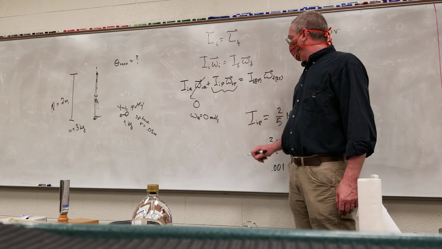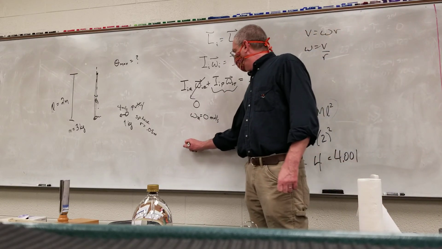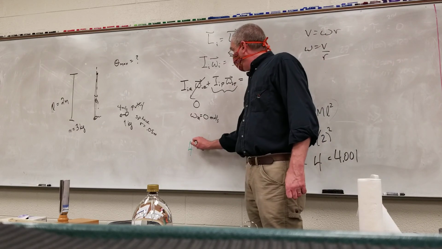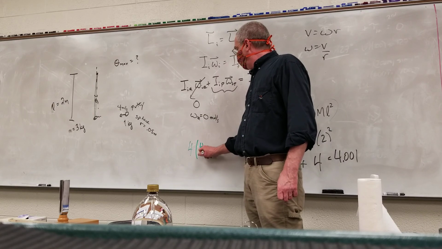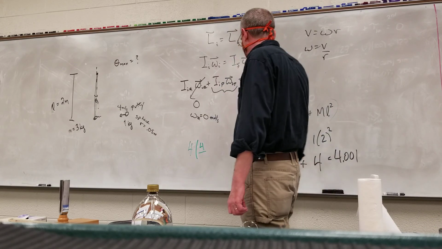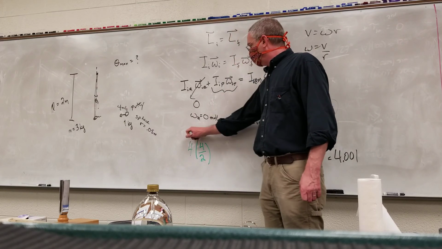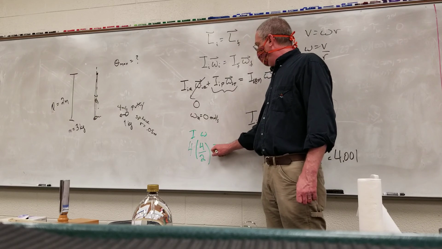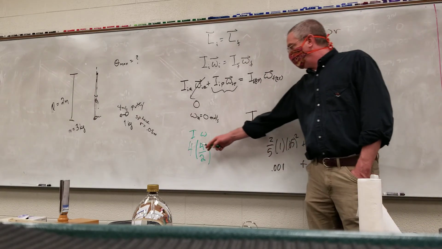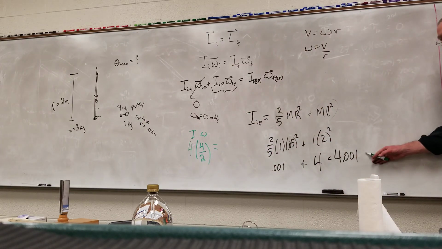So this equation here becomes 4 times omega, which is 4 divided by 2. That's my I omega, equals. And recognize this 4 right here, the first 4 comes from our moment of inertia right here.